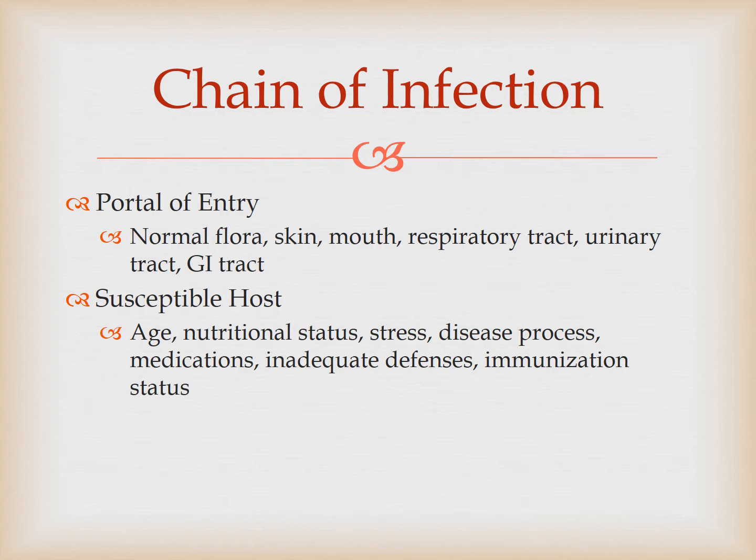Disease process. There are certain disease processes that predispose an individual to increased risk for infections. These include immune disorders and chronic diseases such as diabetes. Medical therapy. Certain medical treatments can predispose an individual to increased risk for infection, such as radiation, chemotherapy, and surgery.